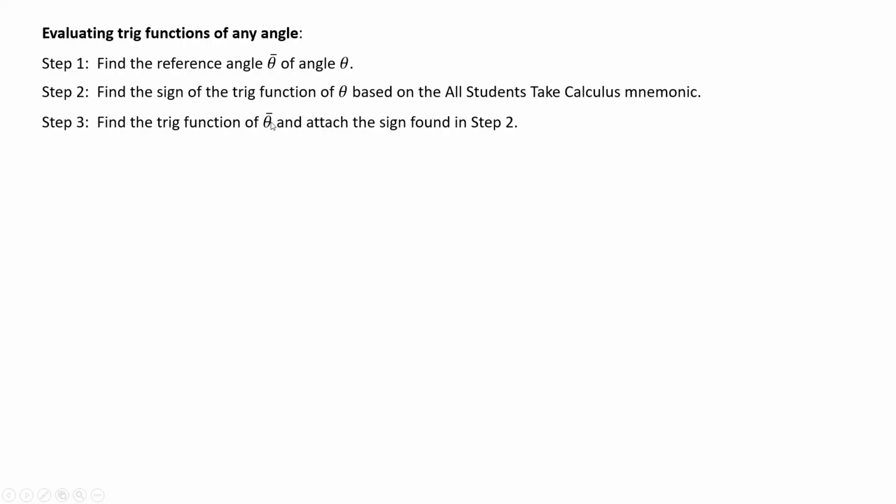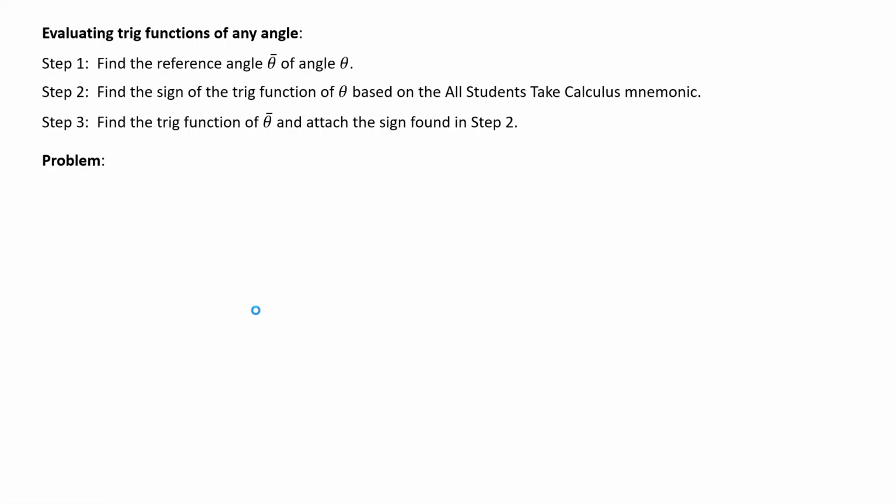Even though our original idea is to find the trig function of theta, we find the trig function of theta bar, which is an acute angle, and we already have that memorized. I'll show you quite a few examples, okay? If you say, I don't know what you're talking about, man, don't worry about it. And attach the sign we found in step 2.